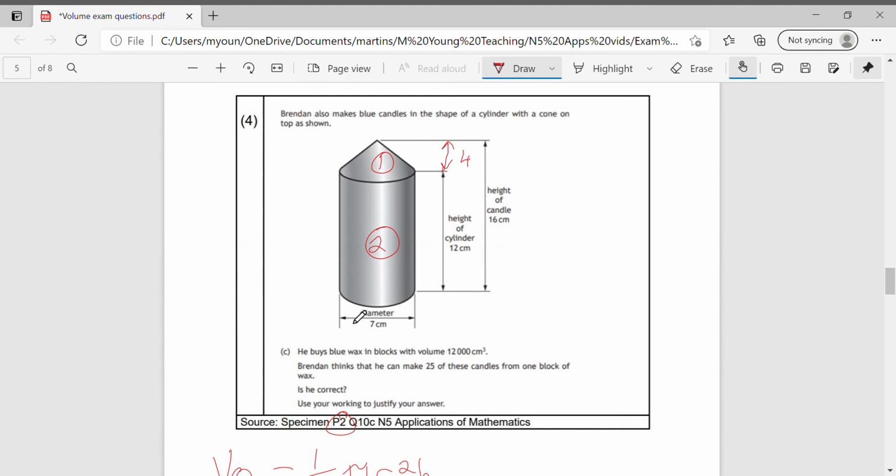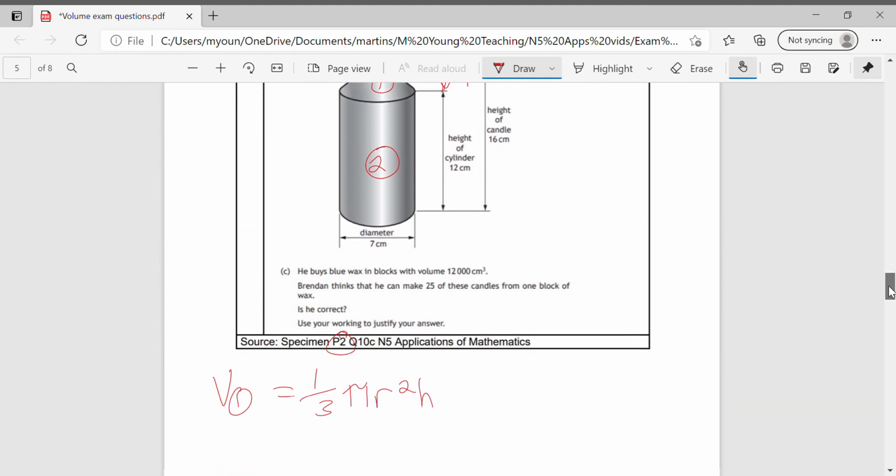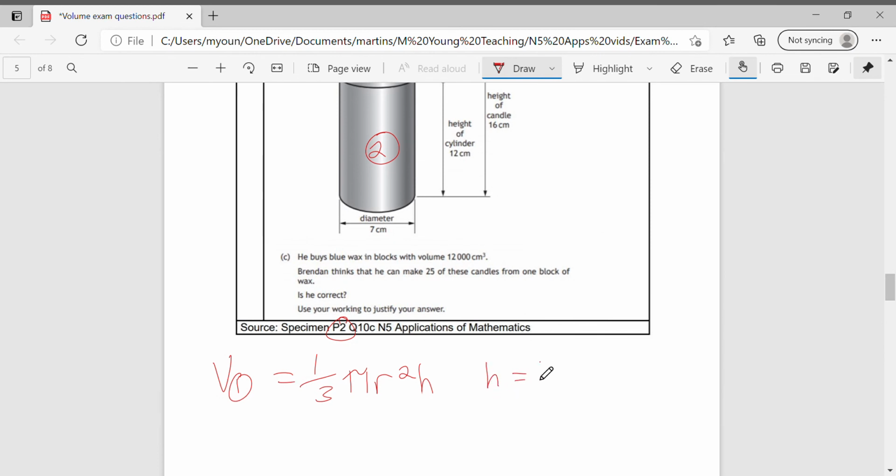Also, I'm given the diameter of 7, but I need the radius, so let's do that. The radius is going to be 7 divided by 2, which is 3.5. So we're doing 1/3 times pi times 3.5 squared times 4.